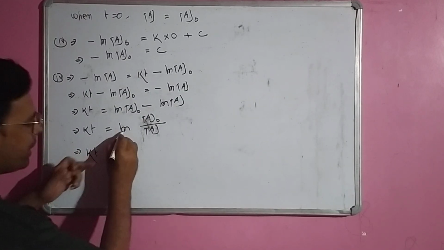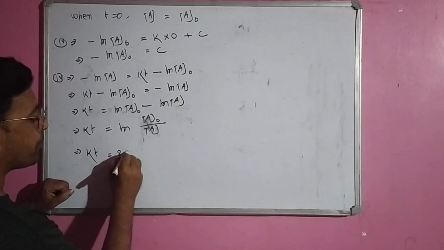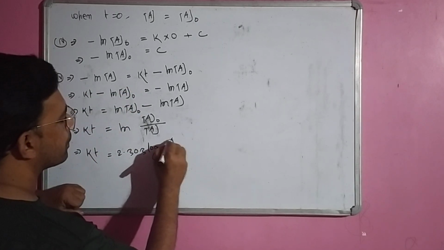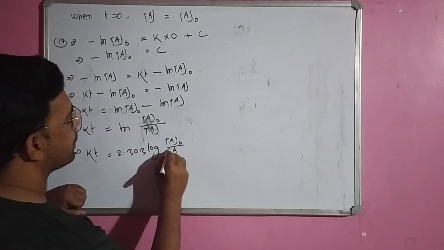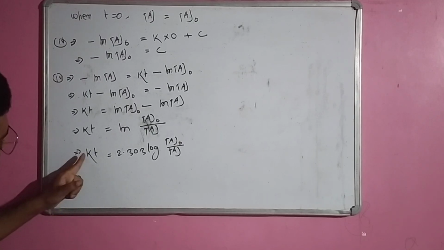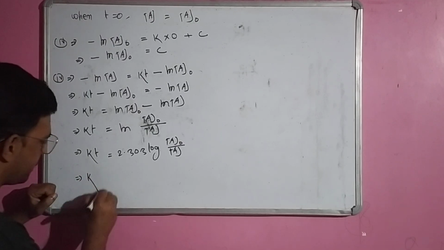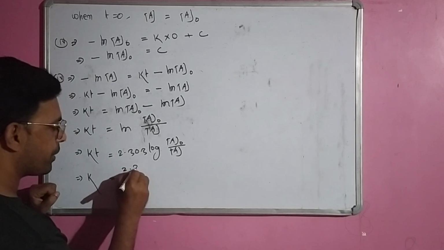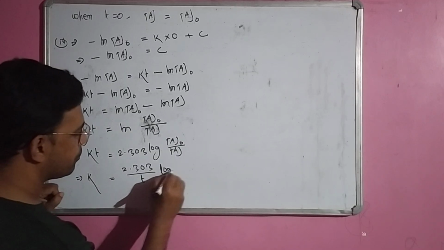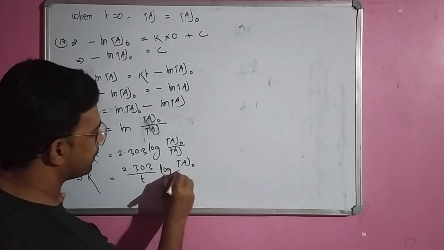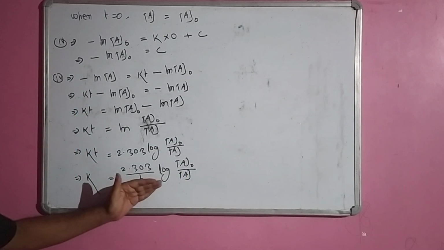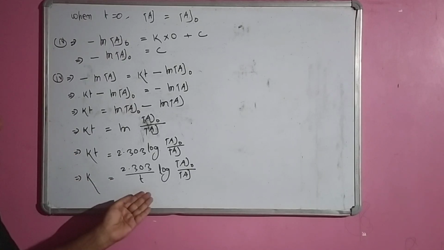Kt is equal to ln, that means 2.303 log A naught divided by A. So rate constant K will be equal to 2.303 divided by time, log A naught divided by A. This is the equation of rate constant of first order reaction.